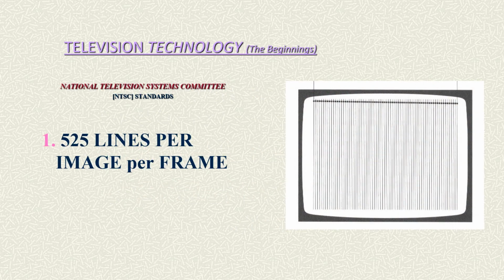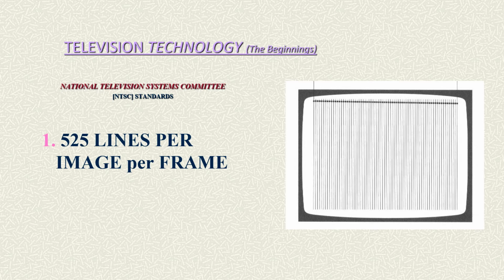What the NTSC came up with was, first, there would be 525 lines per image in each frame. Remember, the frame is the pixel starting up in the top left corner, goes through 1 line of resolution, then 2 lines, and 3, all the way down to the bottom right corner.